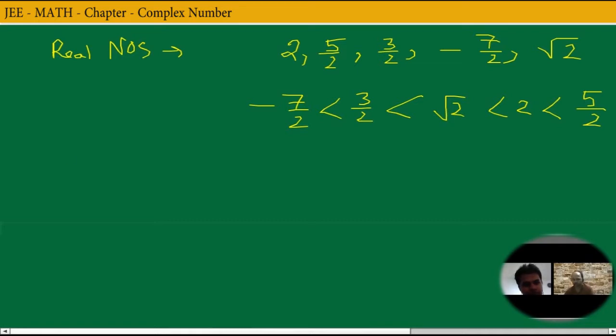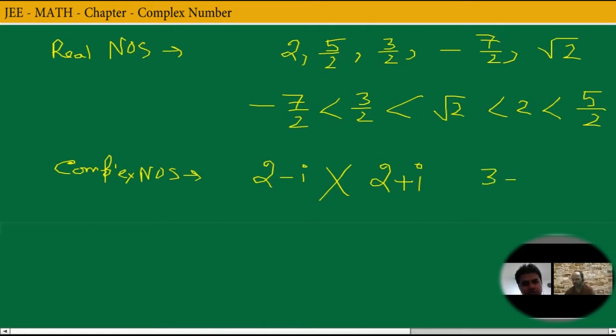Now if I ask you how to compare complex numbers, you might say all these are complex numbers and we can compare them. But you can't say any relation between 2 plus i and 2 minus i. No such relation. Even 3 minus i or 3 plus i.